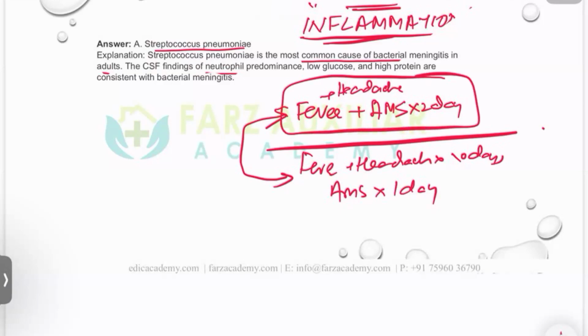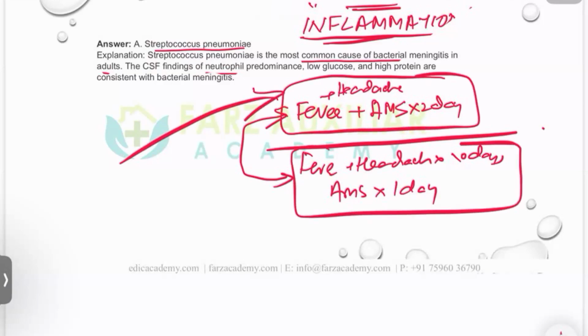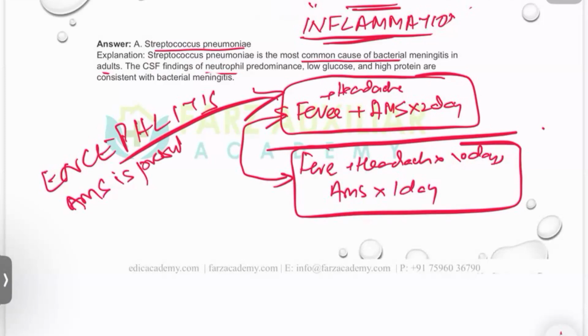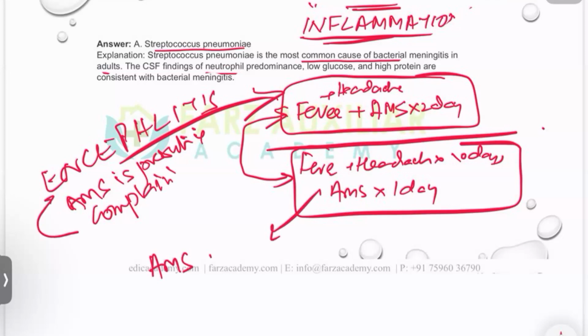Any idea? The first patient most likely has encephalitis. Altered mental status is the presenting complaint in encephalitis. However, altered mental status is the terminal complaint in case of meningitis.